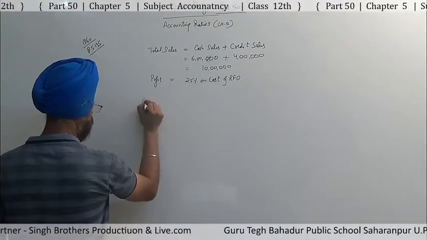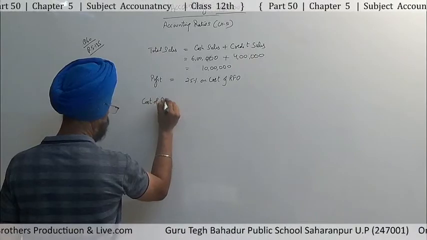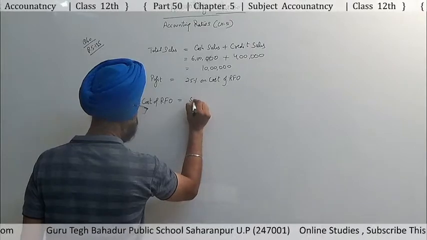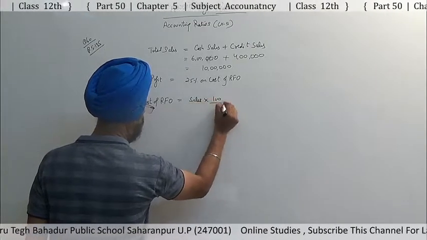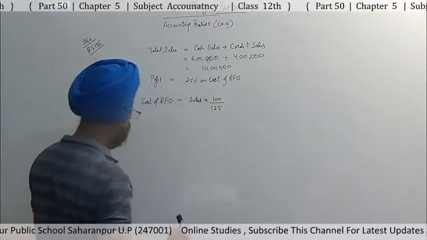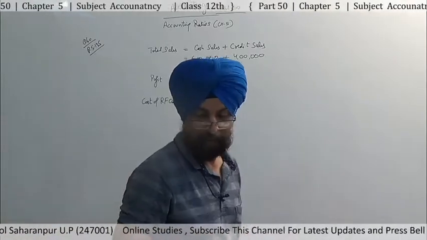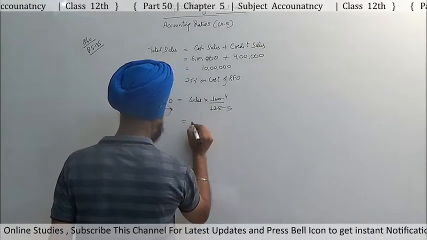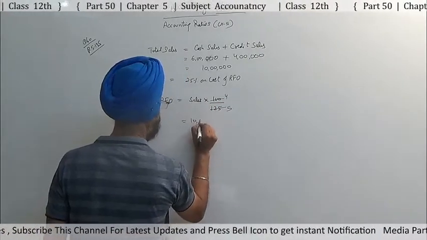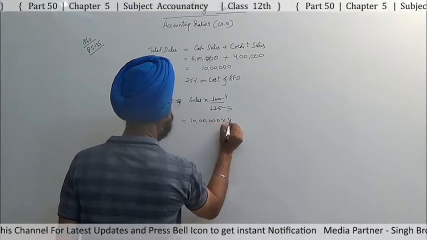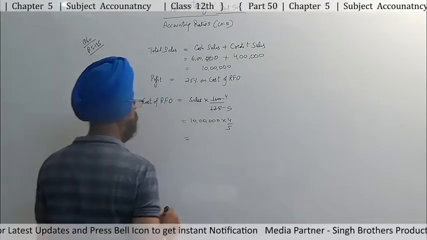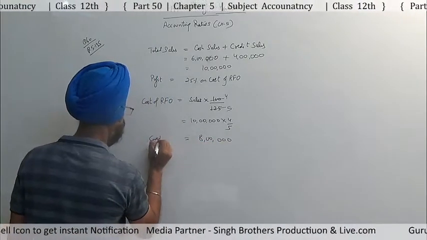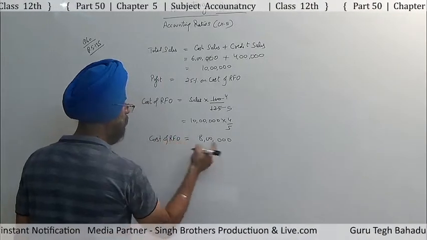So see, cost of revenue from operation equals to sales into 100 by 125. In this way we'll get 10 lakh into 4 by 5, it is 8 lakh. So cost of revenue from operation is 8 lakh.